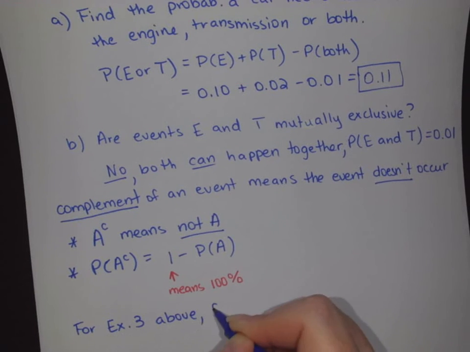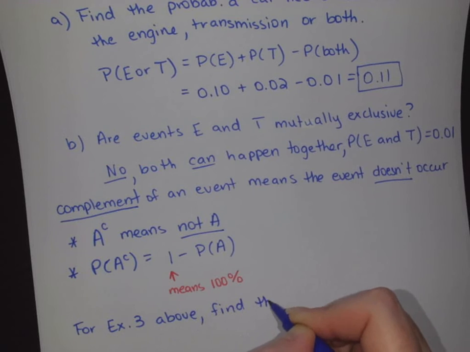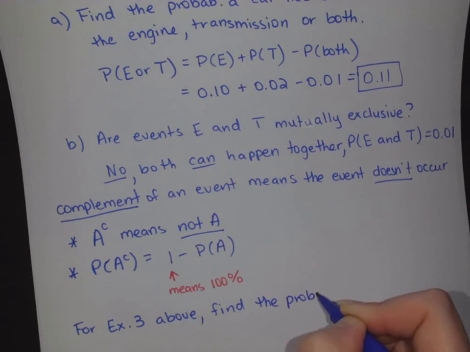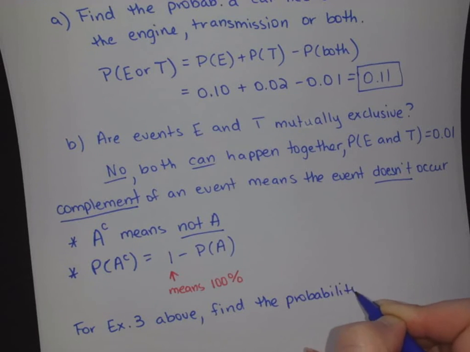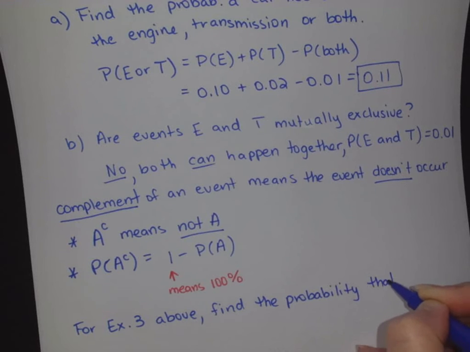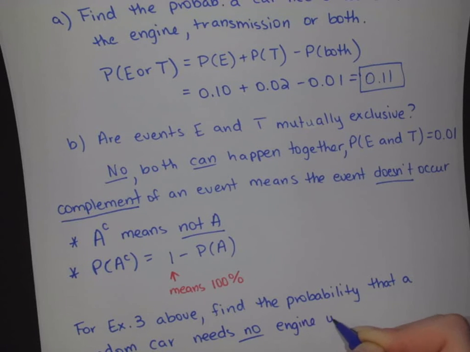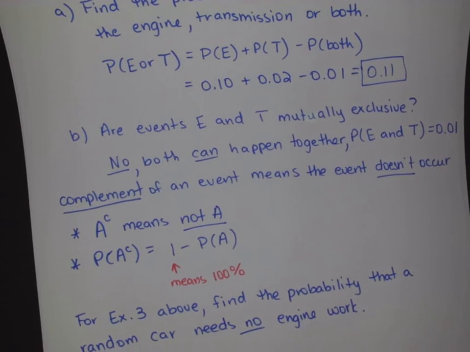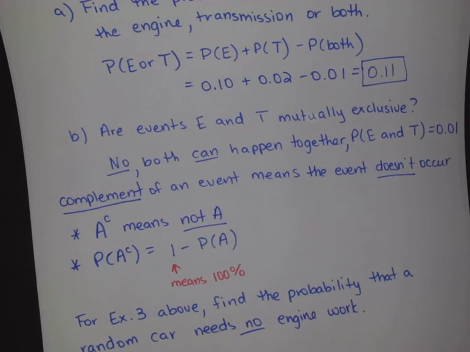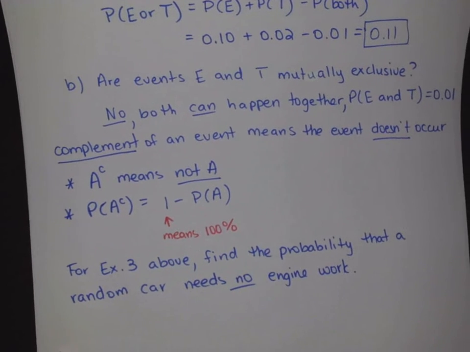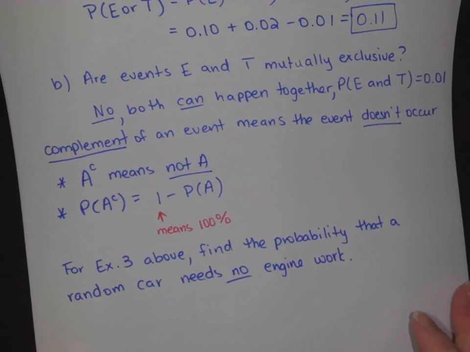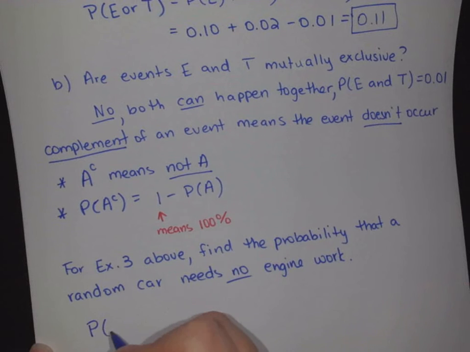For example 3 above, I want you to find the probability that a random car needs no engine work. Notice I didn't give you the probability that it needs no engine work, but I did give you the probability that it does need engine work.